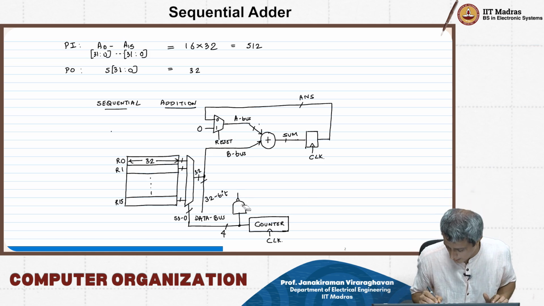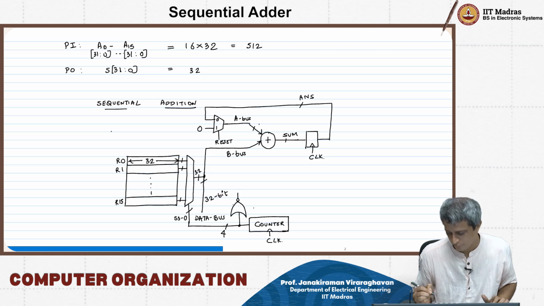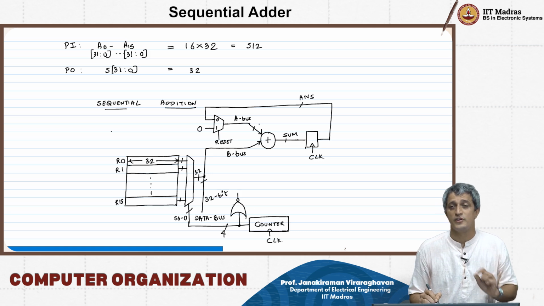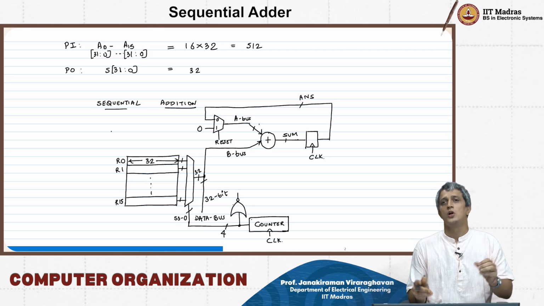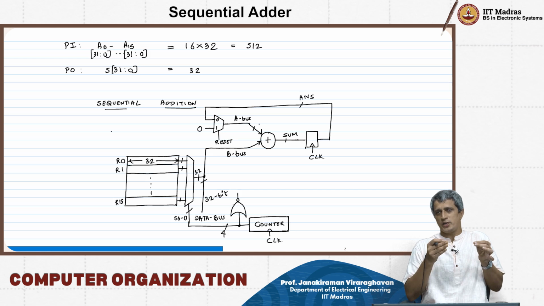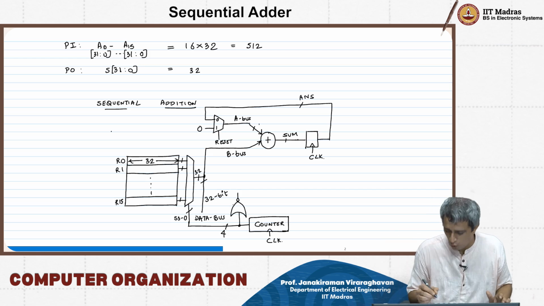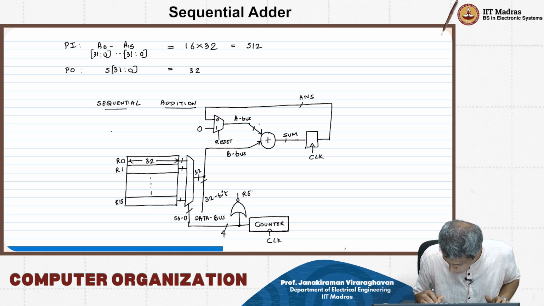It should be a NOR gate, which basically does a NOR of the 4 counter bits. So when it is 0, 0, 0, 0, the NOR gate output will be 1 and reset will go high only at that point.